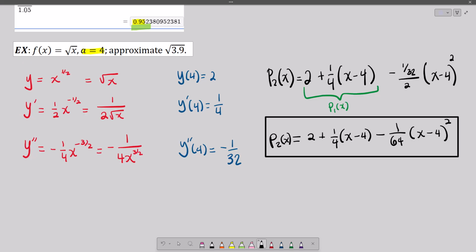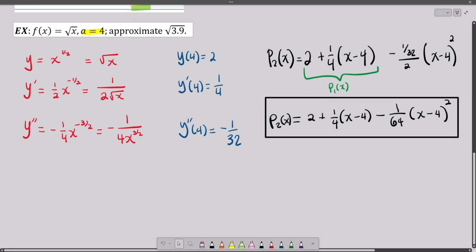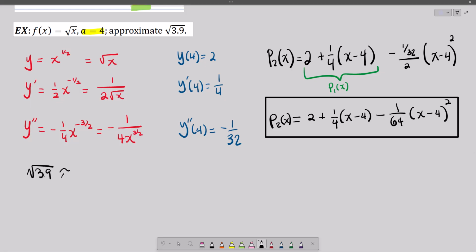All right. So now we want to approximate the square root of 3.9. So the square root of 3.9 is approximately equal to, so let's look at this. What is playing the role of x? We replaced x with what? 3.9.